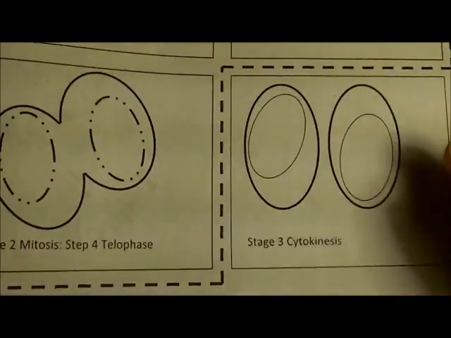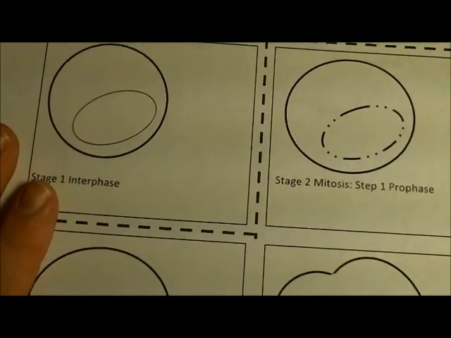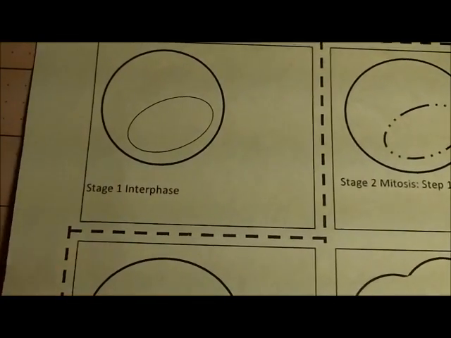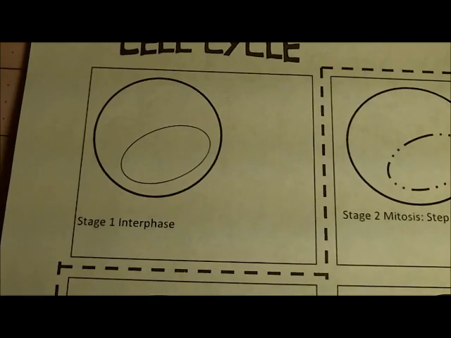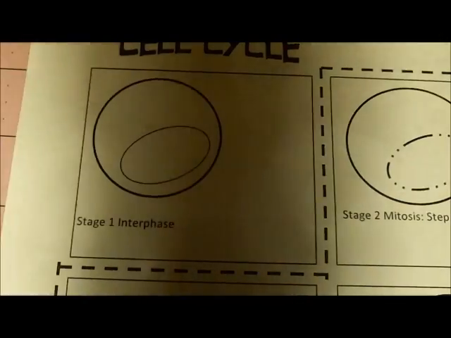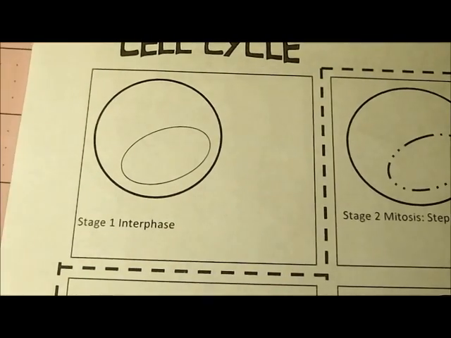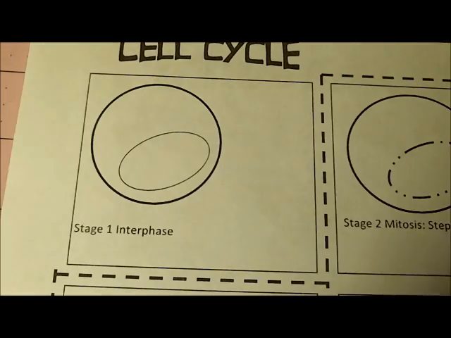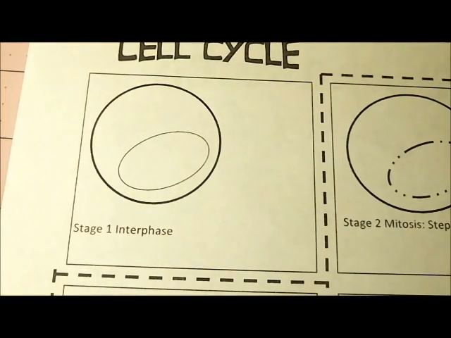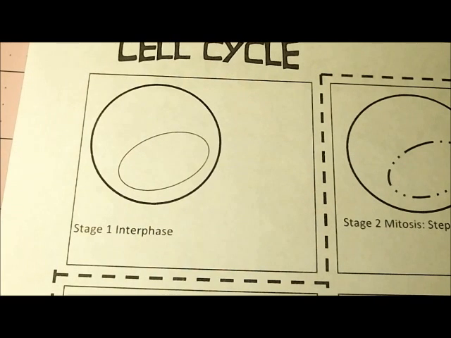And in cells, the interphase would be where a cell spends its life. So a cell like our muscle cell or our skin cells or most of our nerve cells, cells that are doing things and not dividing, are going to be in interphase most of their life.